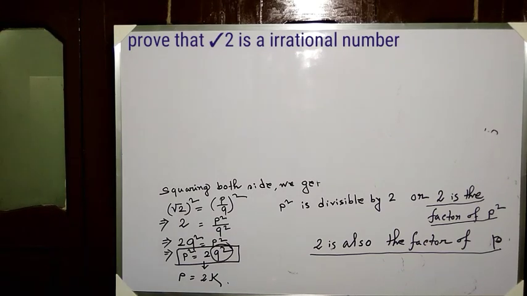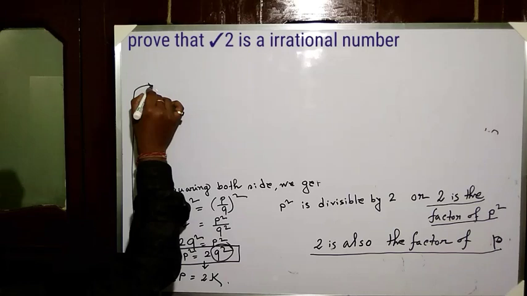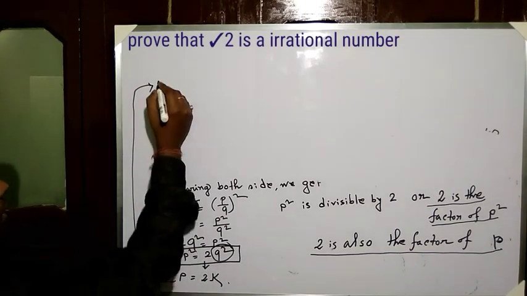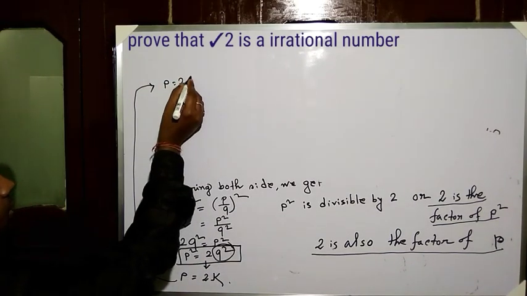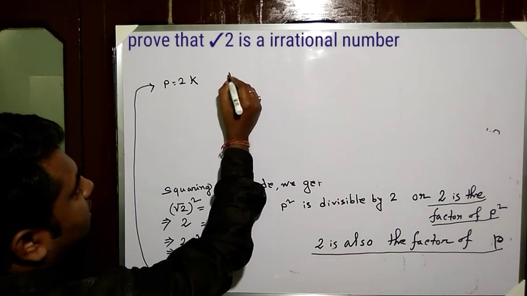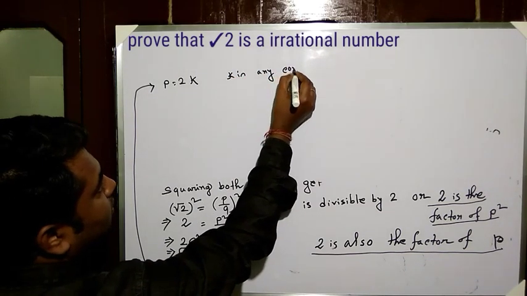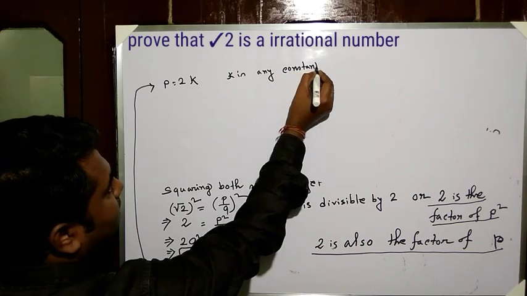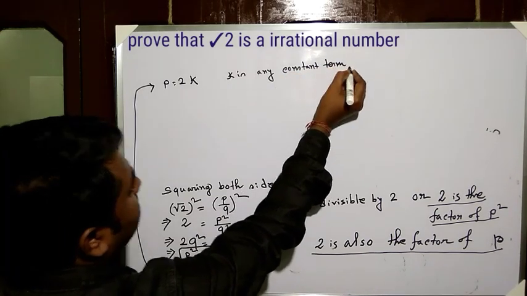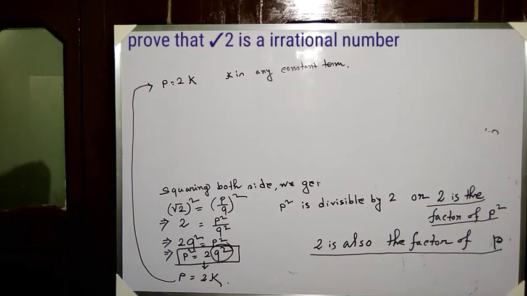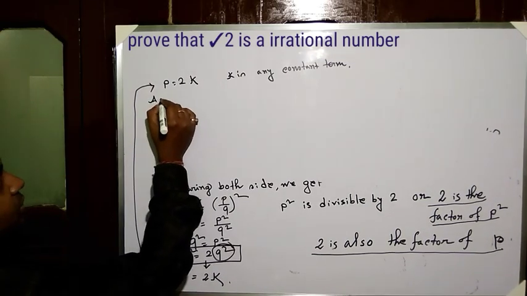After this you can start from here. p equals 2k, where k is any constant term, no problem. Again squaring both sides.